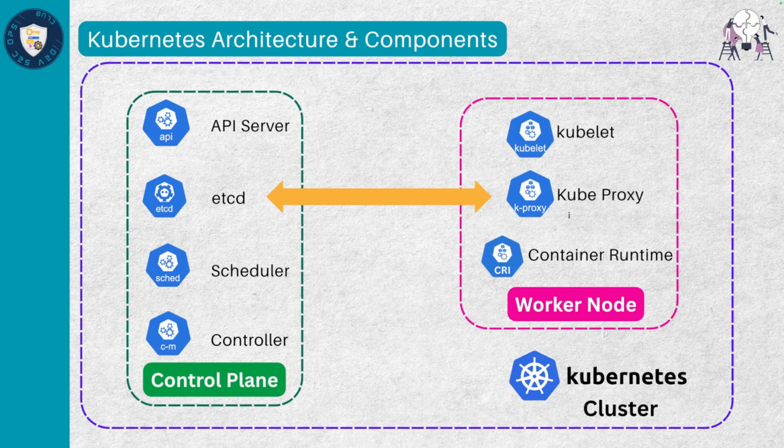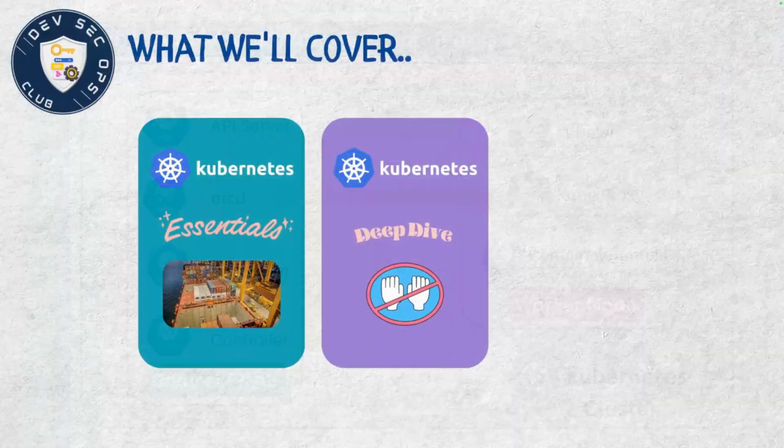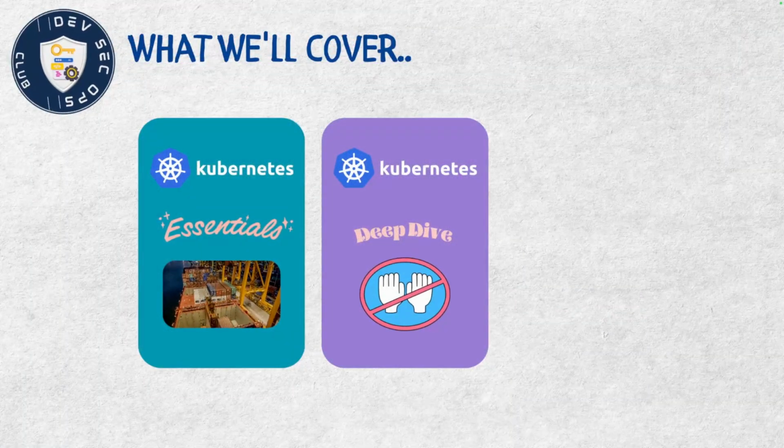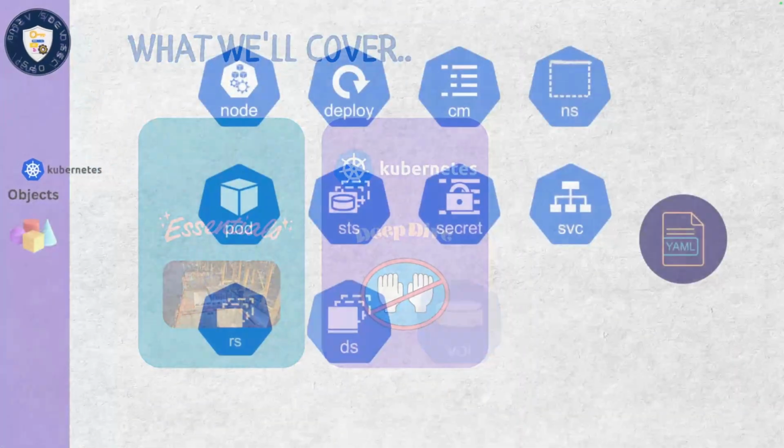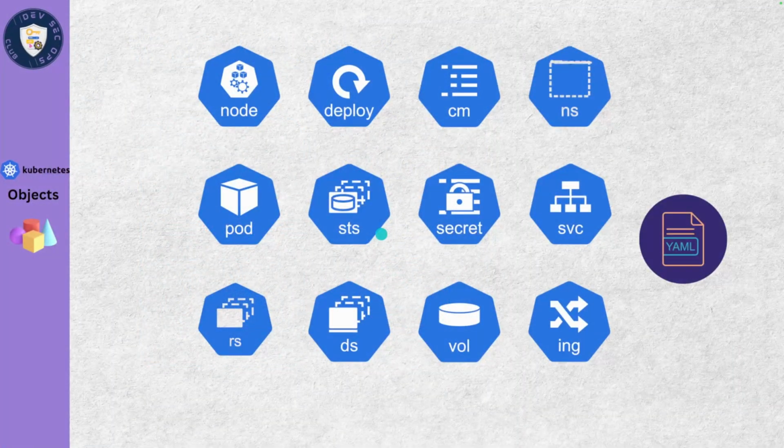After that, we will go into a deep dive section, and in this we will see all the important objects of Kubernetes. These are not components, these are objects we can create inside the Kubernetes cluster. We will also see the Kubernetes YAML structure, and how to write our own Kubernetes YAML files.